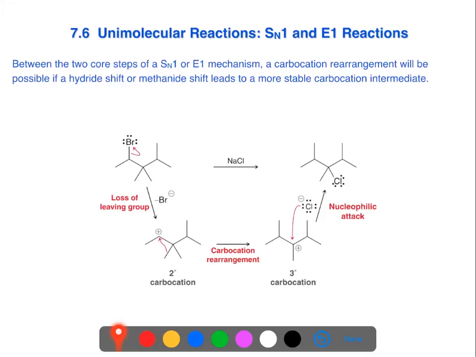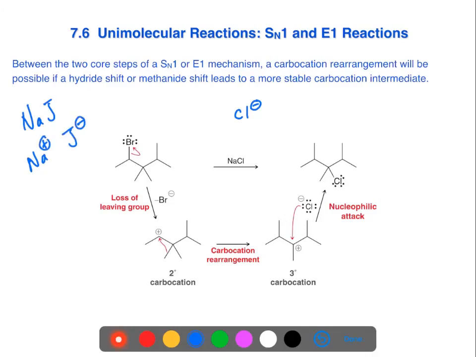So here we're converting a bromoalkane to a chloroalkane using sodium chloride. Effectively, the chloride ion is our nucleophilic species. Again, remember, NaX is my reminder that anything next to sodium is going to give you the counter ion and X minus.